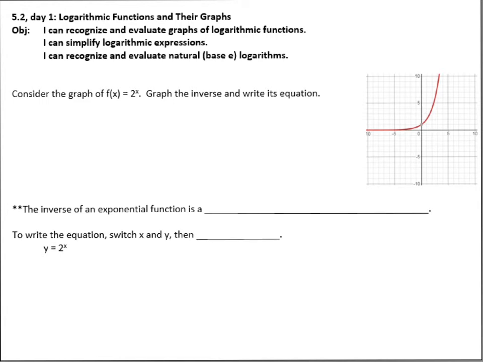But let's turn our attention to this graph. It's 2 to the x power. Actually, let me do this first, because logarithms can have kind of a weird element at first, like, okay, what are they? The inverse of an exponential function is a logarithmic function.